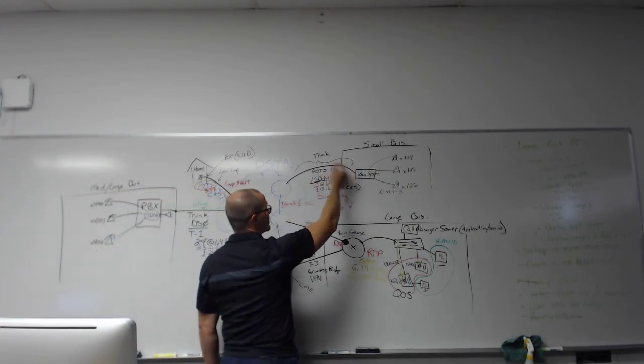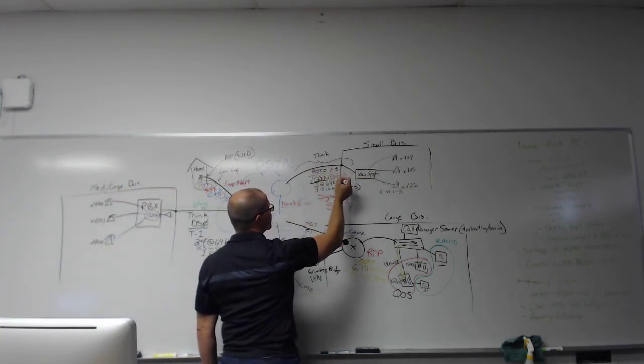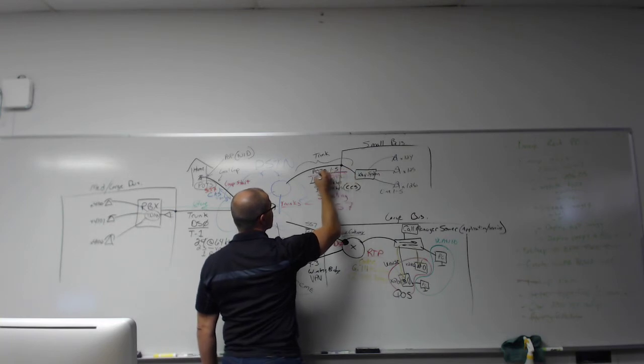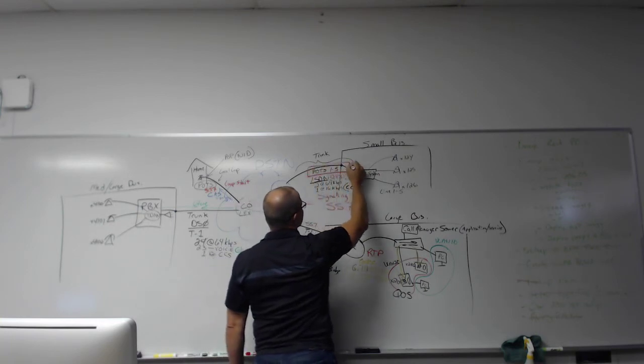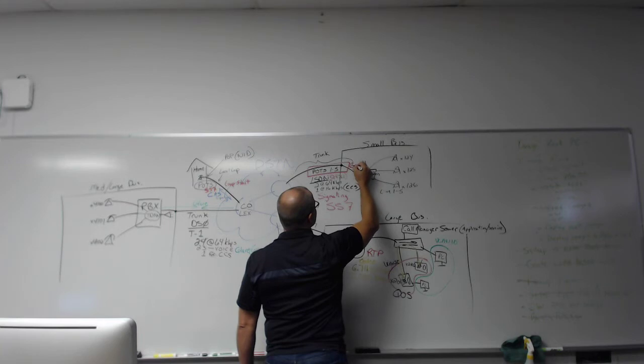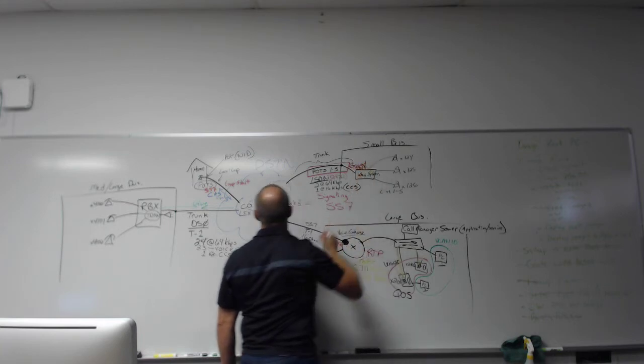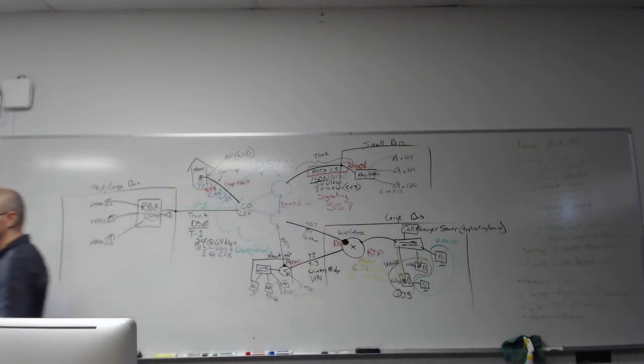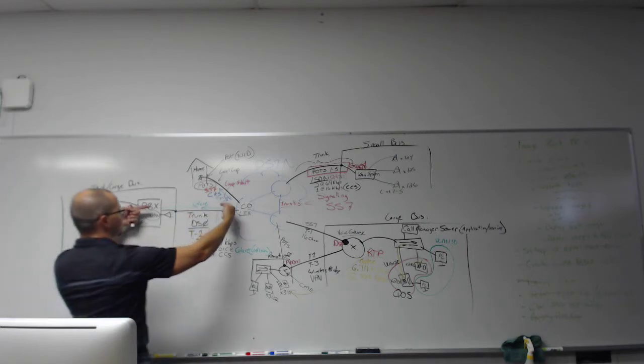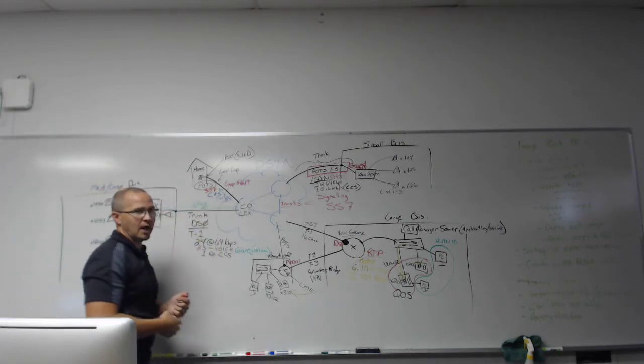When I use a key system and I use POTS lines on this key system, I want to use ground start. Ground start allows me to avoid glare, avoid this possibility from happening.